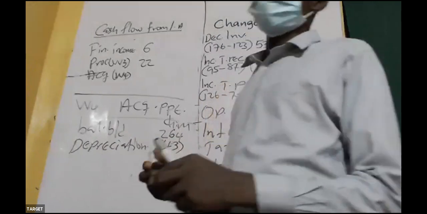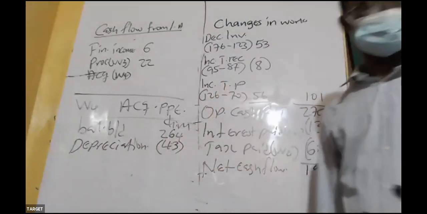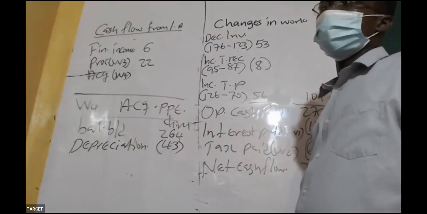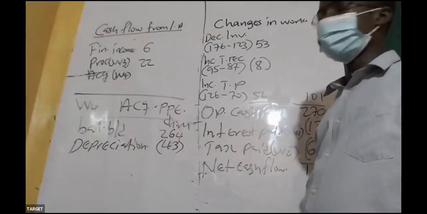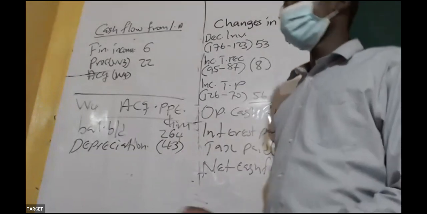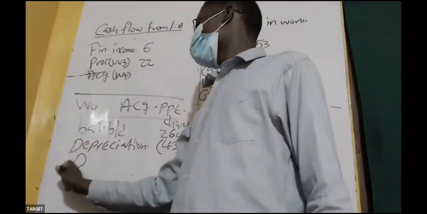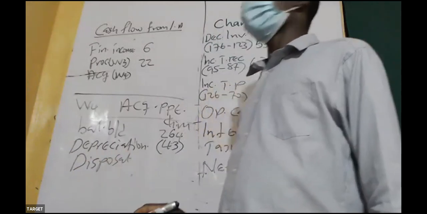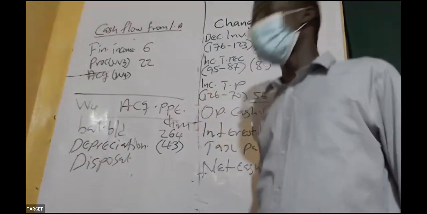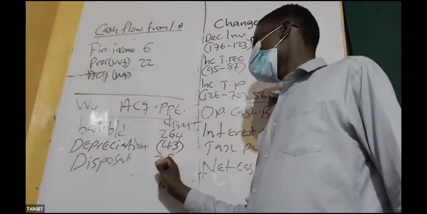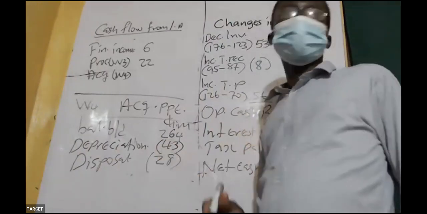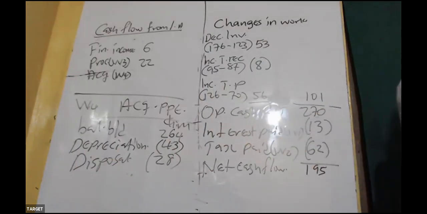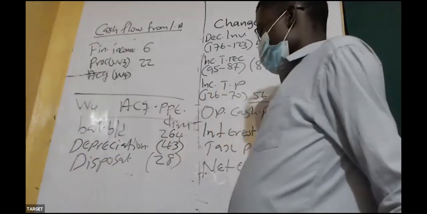Depreciation reduces carrying amount, so kindly subtract. Then any other item, that is the sold asset, right? Less the carrying amount, so right there, disposal. We need the carrying amount of the disposed asset, 28. Again, subtract. Why are we subtracting? Because disposal will reduce the assets that we have. Good.